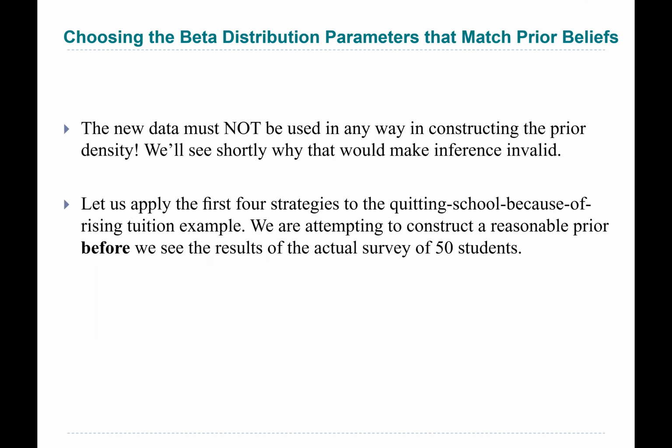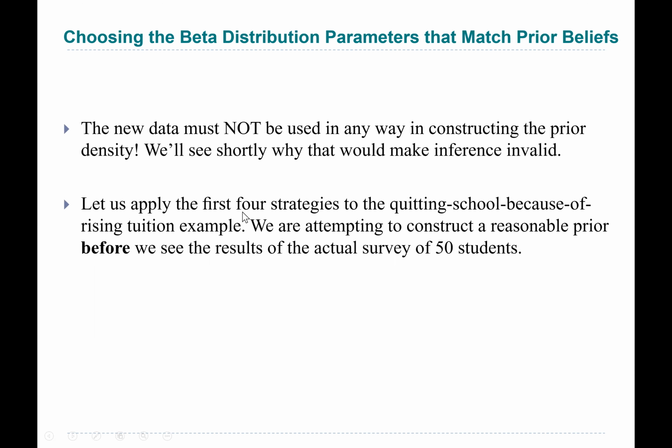This is why I multiply these together to get the posterior. But if they are dependent, this is a problem. So when you select the prior distribution parameters like alpha and beta, you shouldn't look at the data. We will see shortly why that would make inference invalid.